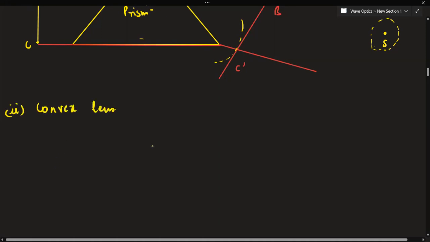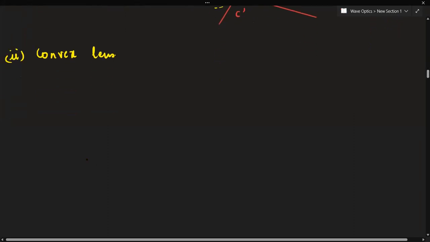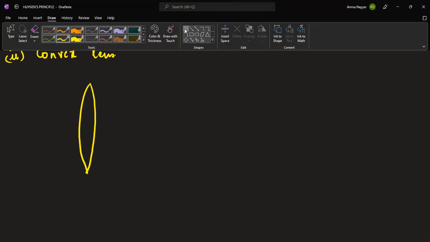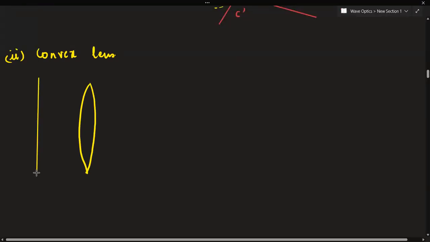Now see, regarding the type of wavefront, the question has clearly mentioned that we have to use a plane wavefront only. So this is a convex lens. That's how we represent a convex lens. Now let us take the plane wavefront. This is the plane wavefront. Let's also name it A, B, C again.